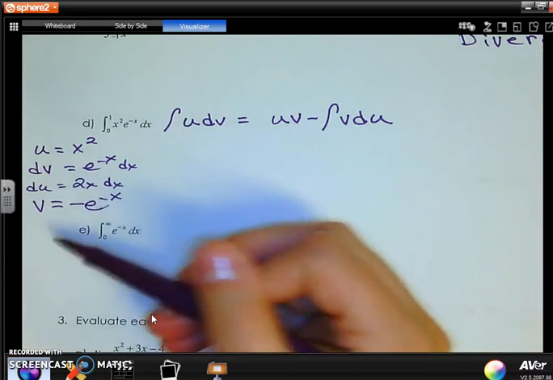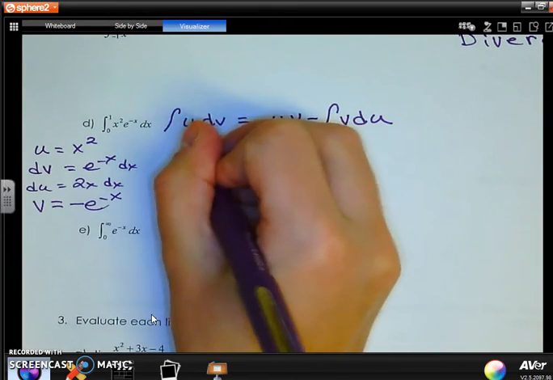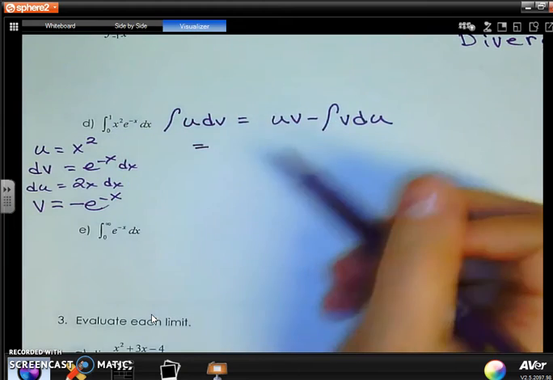Okay, so now that I have my integration by parts set up, I'm just going to kind of plug it in. So we're going to say that this equals uv.